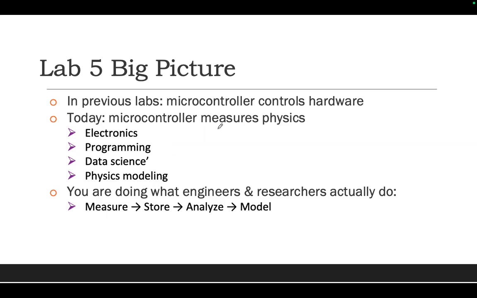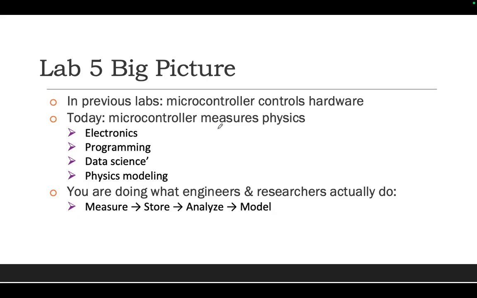And then the big picture. In the previous labs, lab 1 to lab 4, the microcontroller controlled the hardware. What hardware did we control? Do you remember? Button? Yeah, LED. These are all different hardware the Pico will control. Today the microcontroller will measure physics, like measuring voltage.